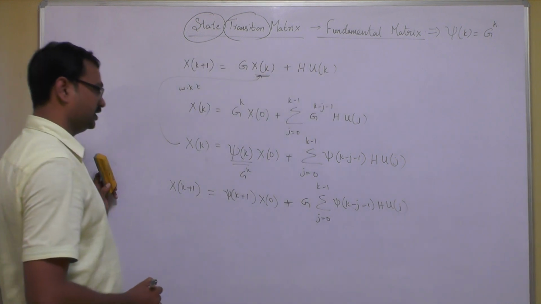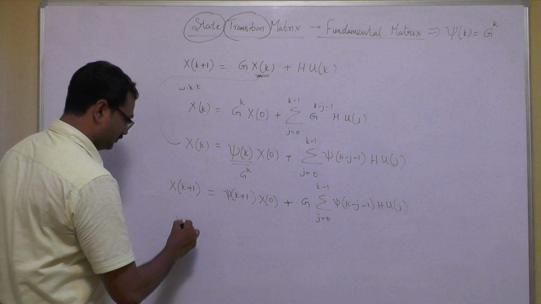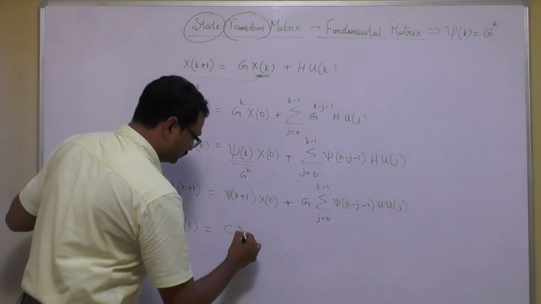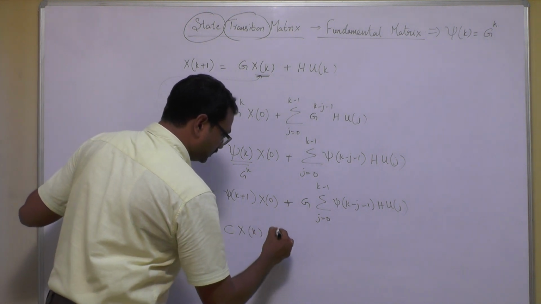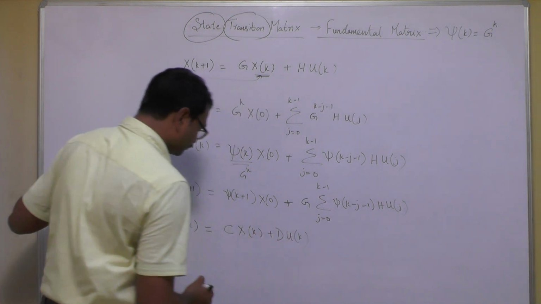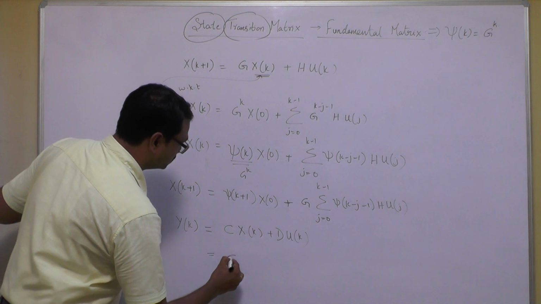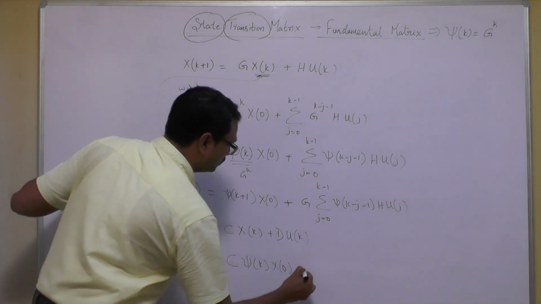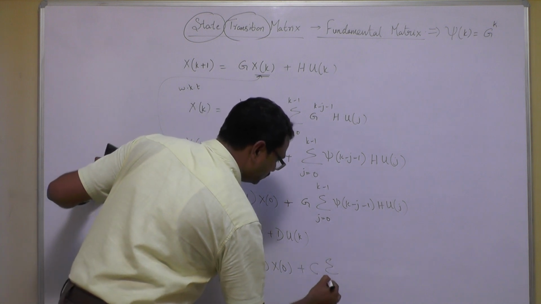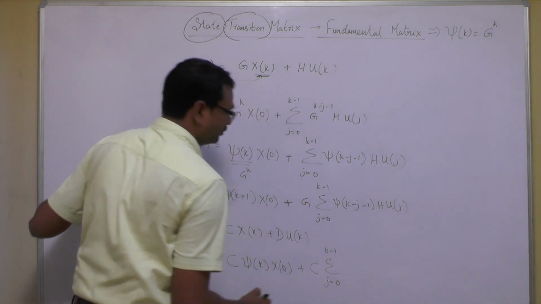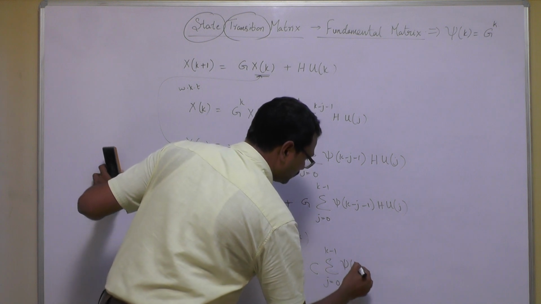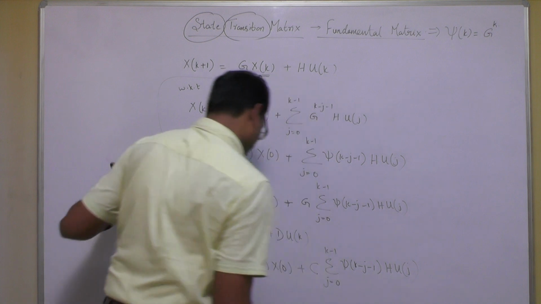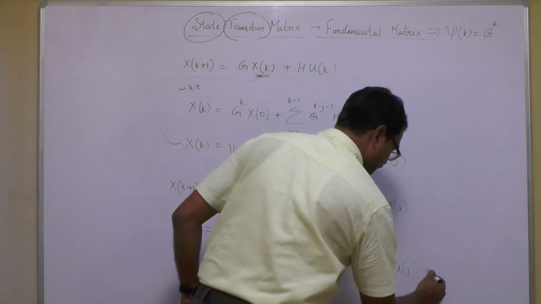Now this is our x of k plus 1, and we can have y of k equal to c into x of k plus d u of k, or simply c into psi of k x of 0 plus c into sigma j equals 0 to k minus 1 of psi of k minus j minus 1 h u of j, plus d u of k.